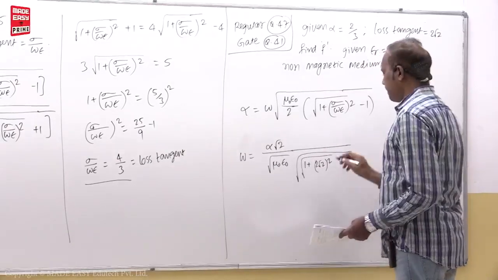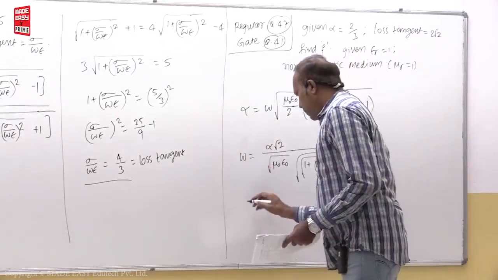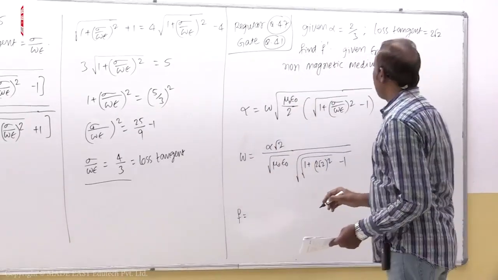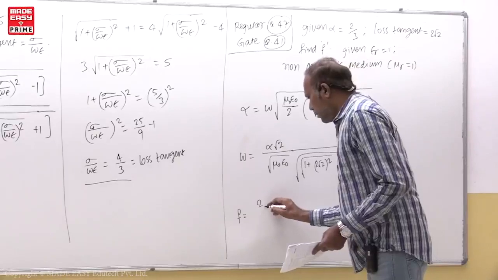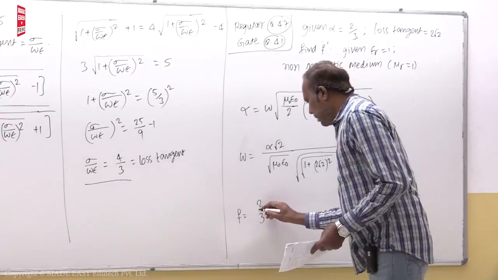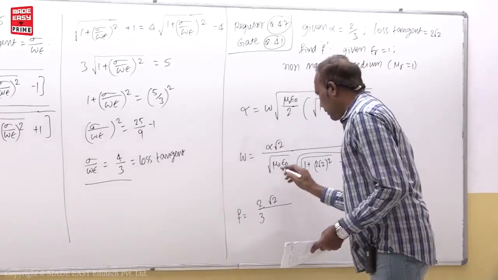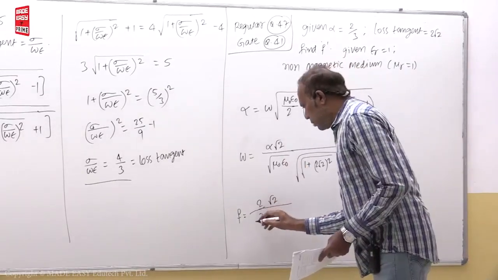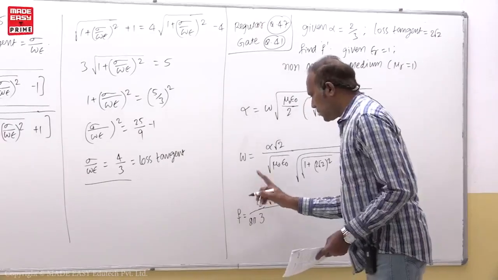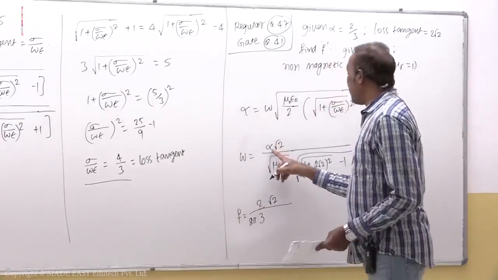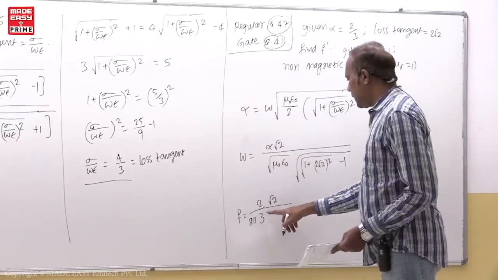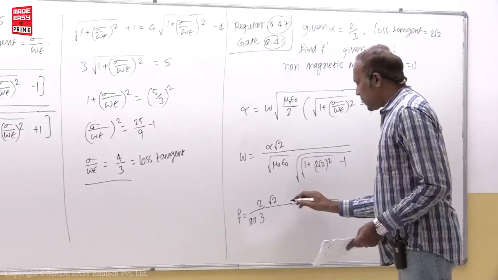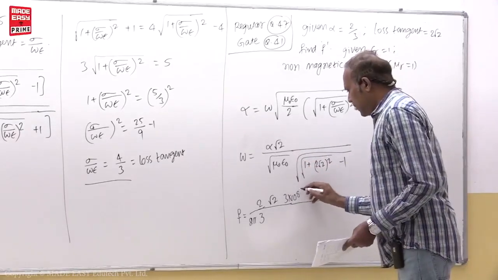Here omega is 2 pi f, then alpha is given as 2 by 3, then root 2, then 1 by root mu naught epsilon naught, and 2 pi goes to the bottom side because omega is 2 pi f. 1 by root mu naught epsilon naught is 3 into 10 to the power 8.